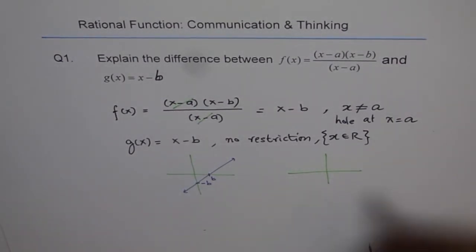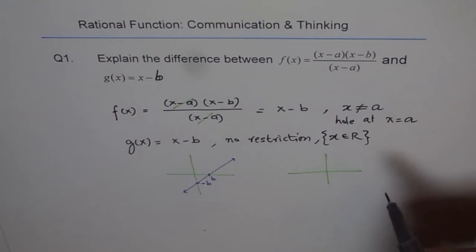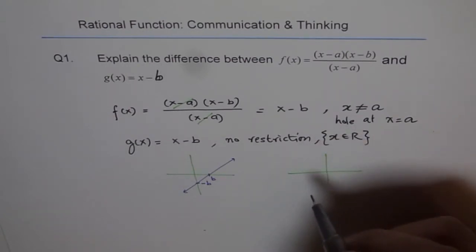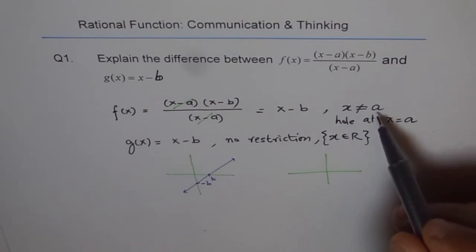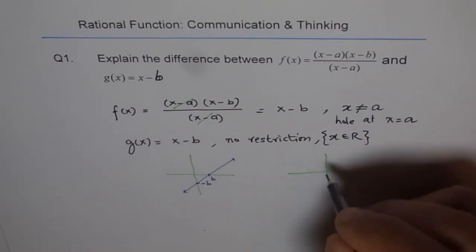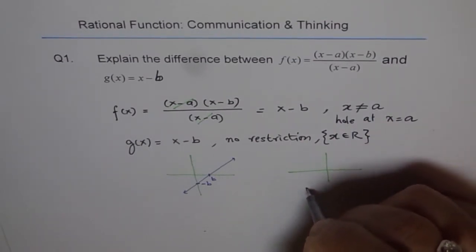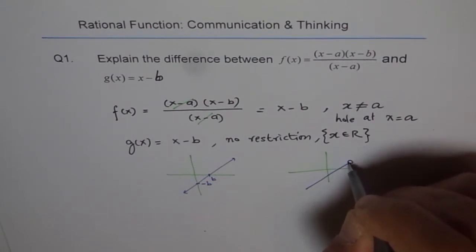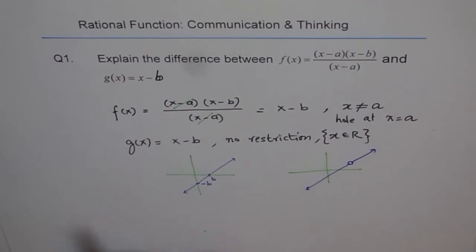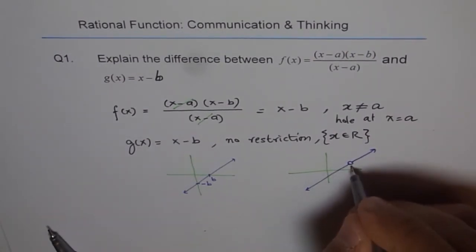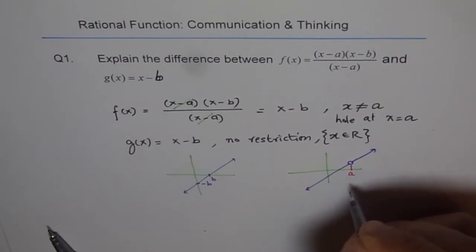Now, however, at x equals a, we have a restriction, and we don't for g. So here you'll get a graph like this, but there'll be a hole here. So this hole will be at x equals a. Do you understand?